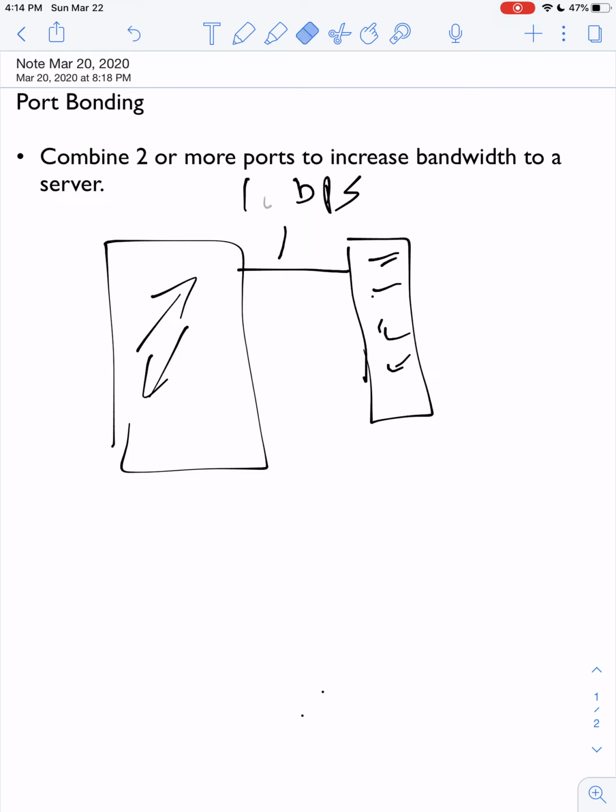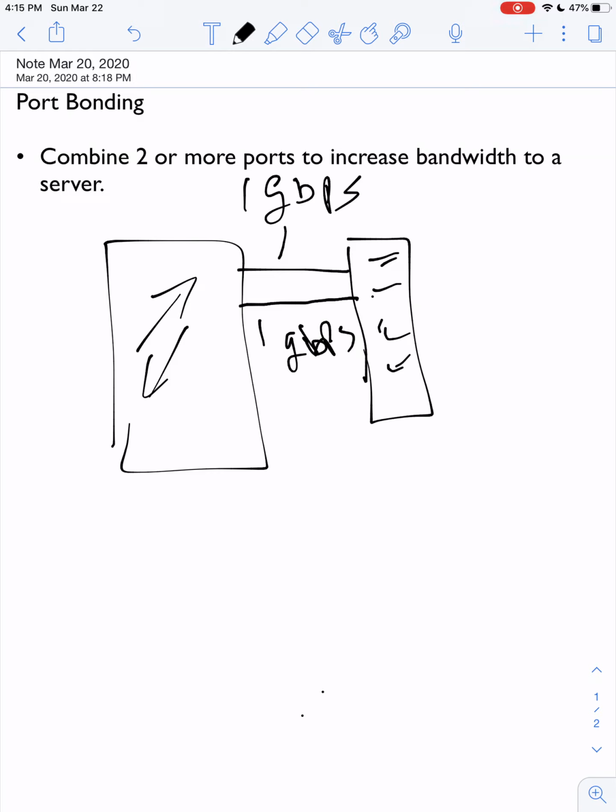You're going to kill me. There we go. 1 gigabit per second port, and for whatever reason we need additional bandwidth, so we take another connection, put this to the switch, and this is also a 1 gigabit per second port.